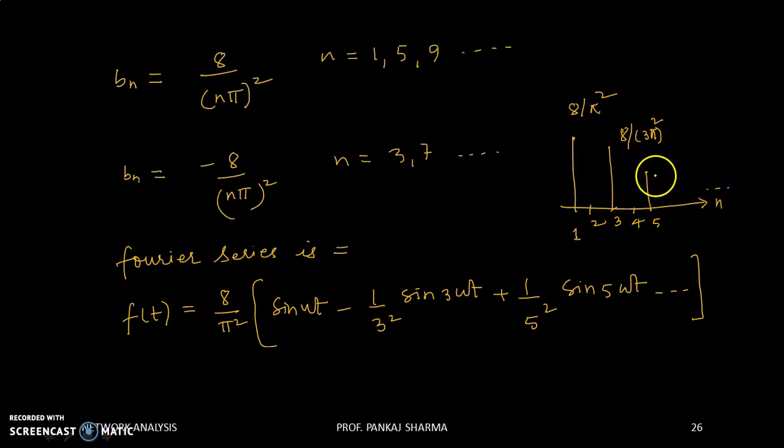This is 8 upon 5 pi whole square. This is your amplitude spectrum.